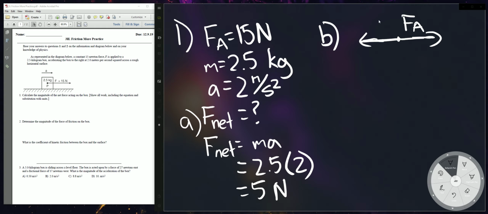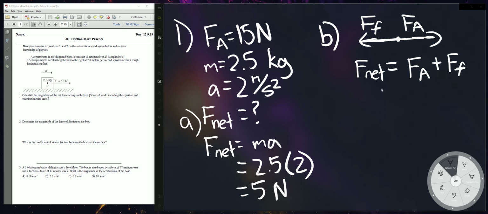And if it's across a surface, we also know there's a frictional force here. By definition, F net is the sum of all forces acting in a direction. And so F net is equal to Fa plus Ff, the sum of all forces acting in one direction.